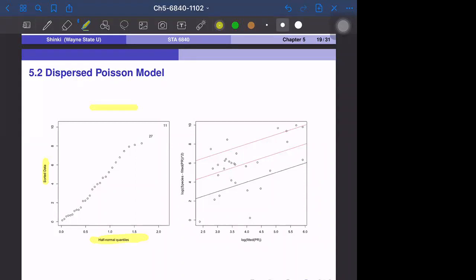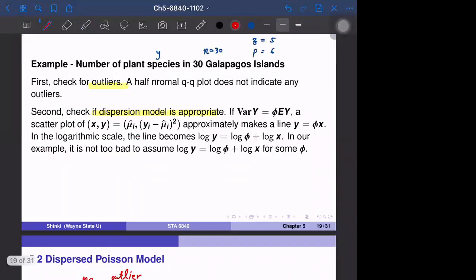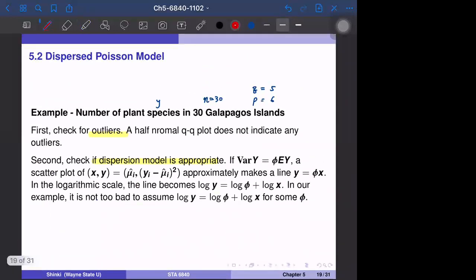The 11th observation has the largest error, but the error size is really close to the other observations. So no outliers, and this is not the reason for the over dispersion. We will see later. And also we want to see if the dispersion model is appropriate.